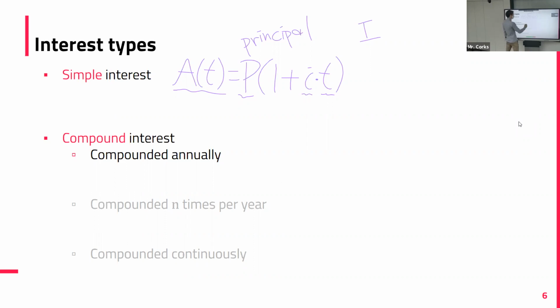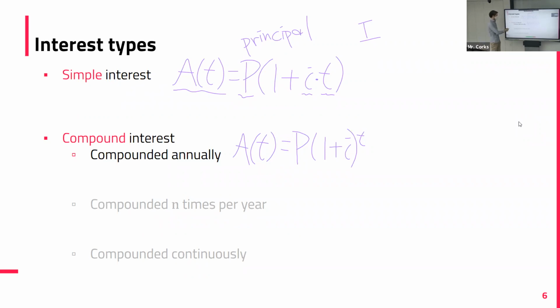Compound interest, similar formula, but some part of it is different. P times 1 plus I, close the brackets first, then to the exponent T. Putting the exponent outside the brackets is very important there.